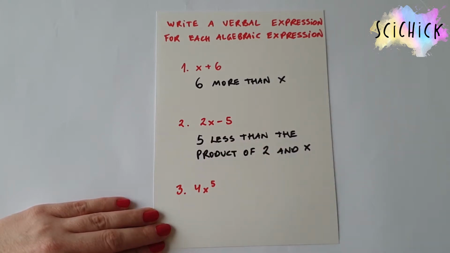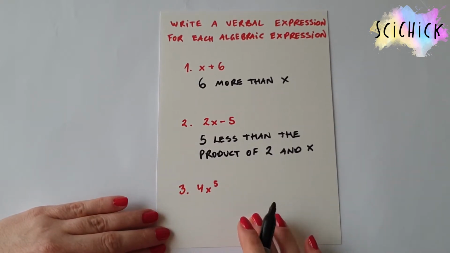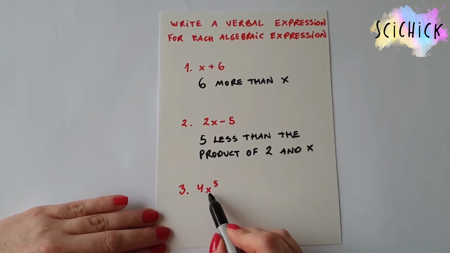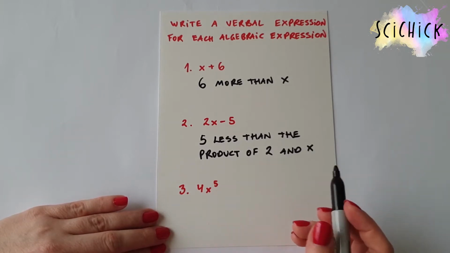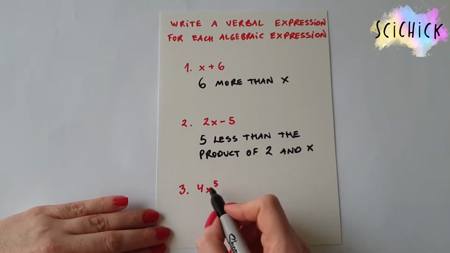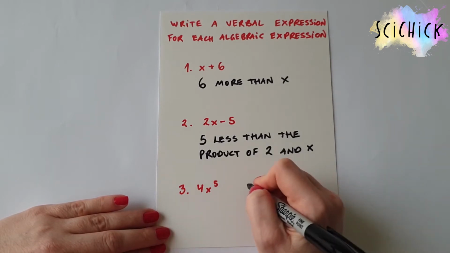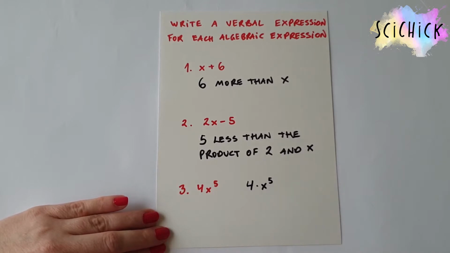Yep, we are good. So for the third example, we have 4, we have x, and we have the 5th power. So how about 4 multiplied, because there's also multiplication between those numbers, remember? So here is a hidden multiplication. We can just as well write it as 4 times x to the 5th power. This would be the same.